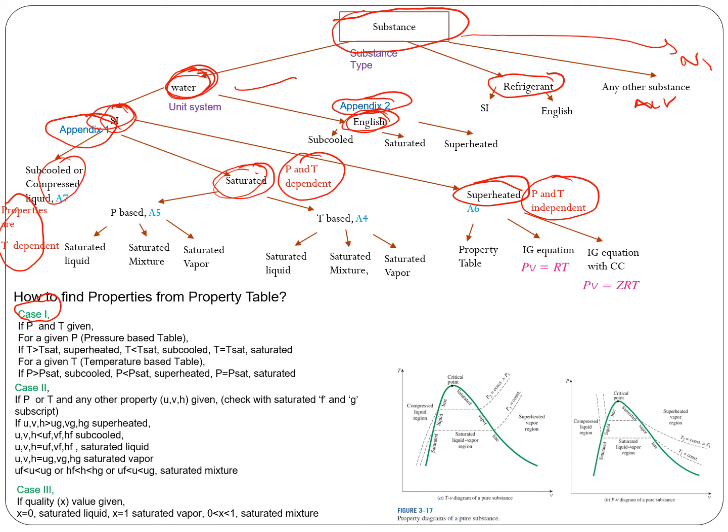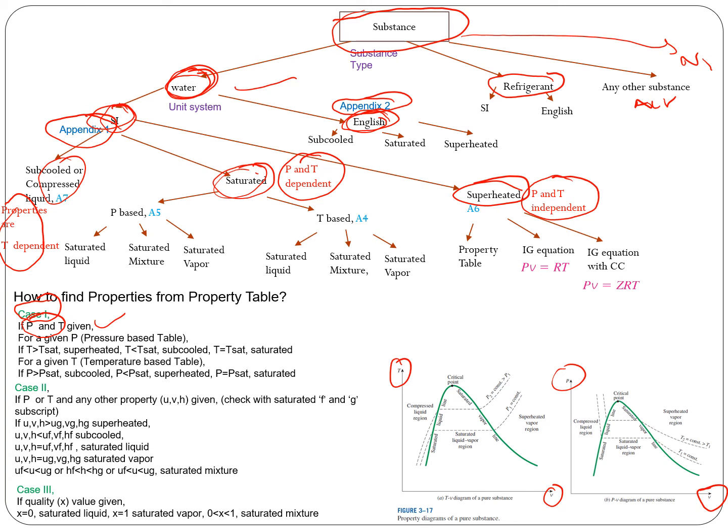Case one, in most cases, is when pressure and temperature are given and you need to find where it lies. So you have to know the pressure, temperature and volume plot, and the pressure and volume plot. This is important.